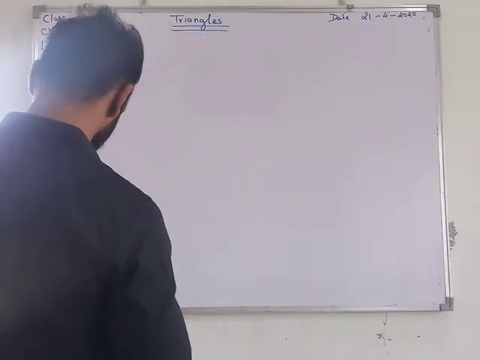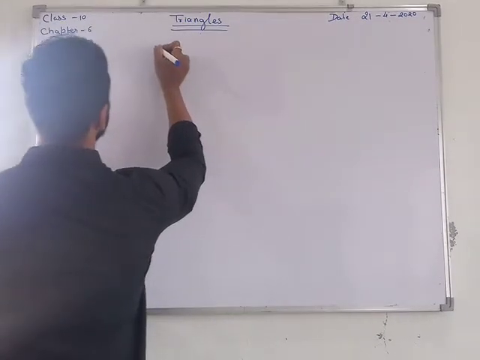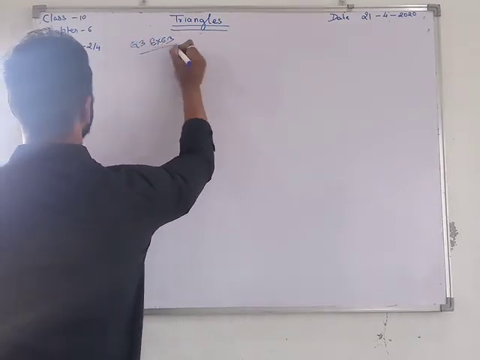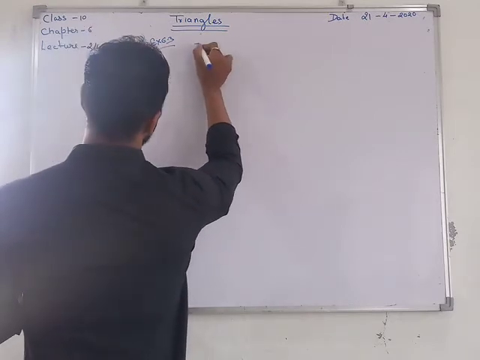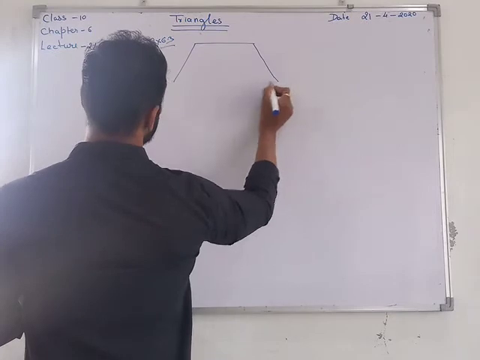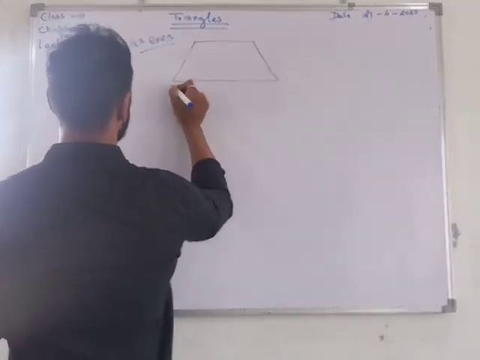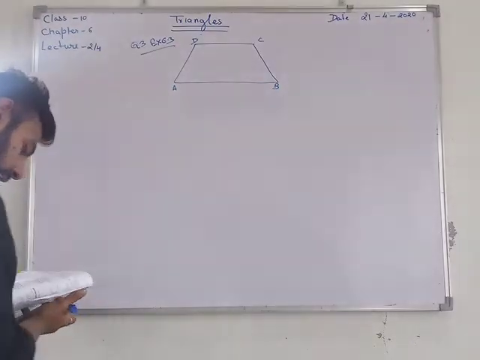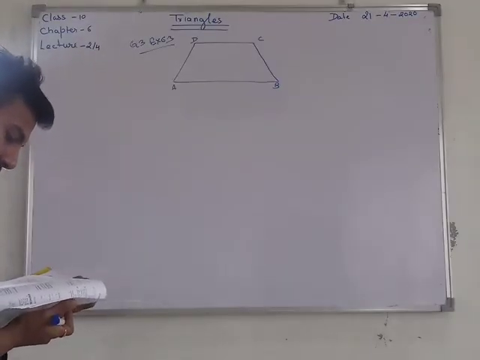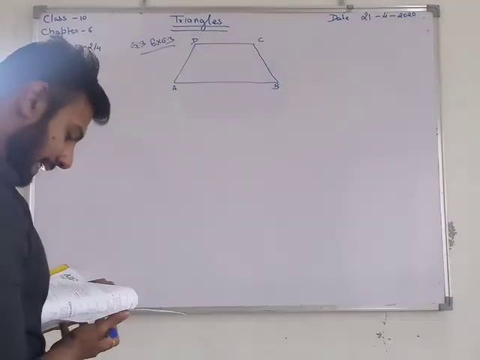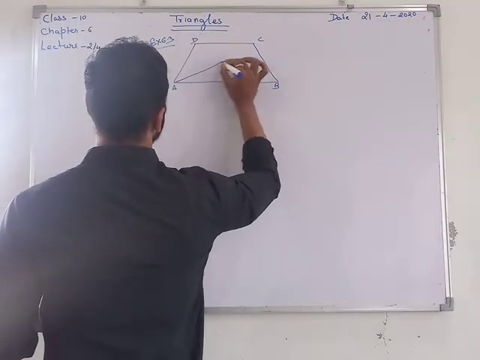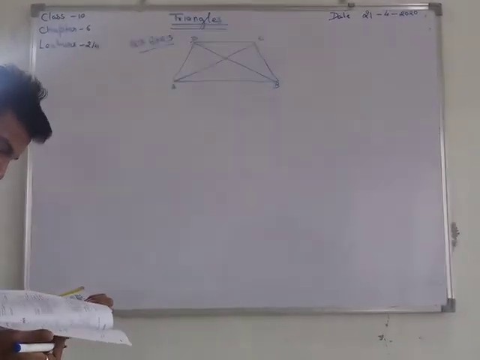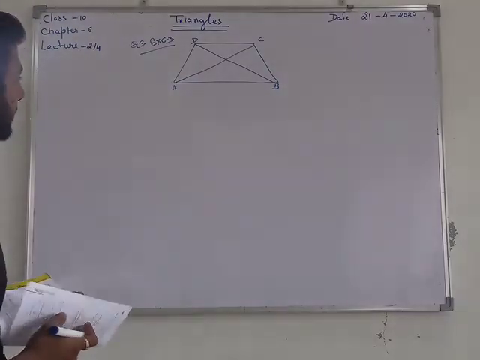We are given the trapezium ABCD, in which AC and BD are the diagonals.